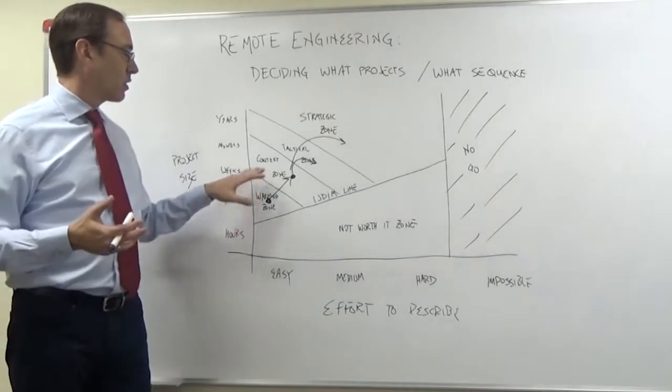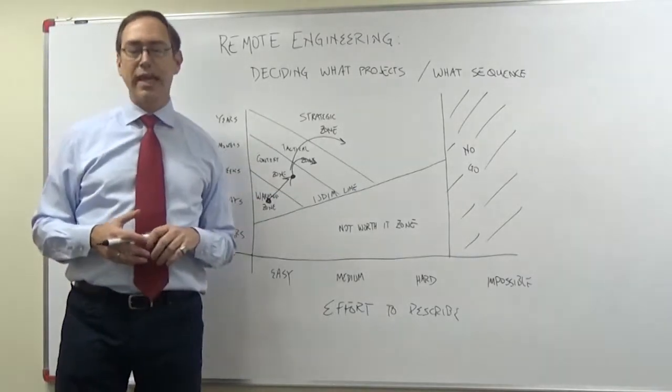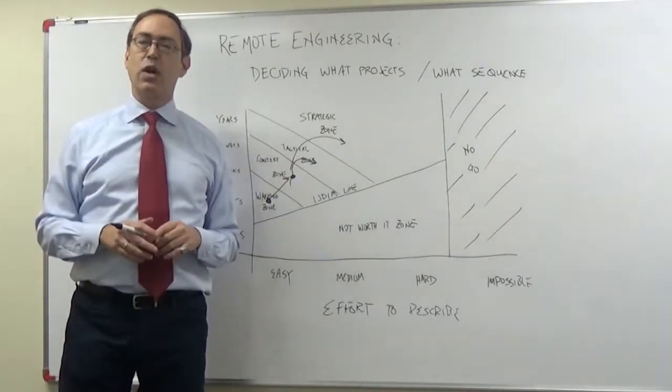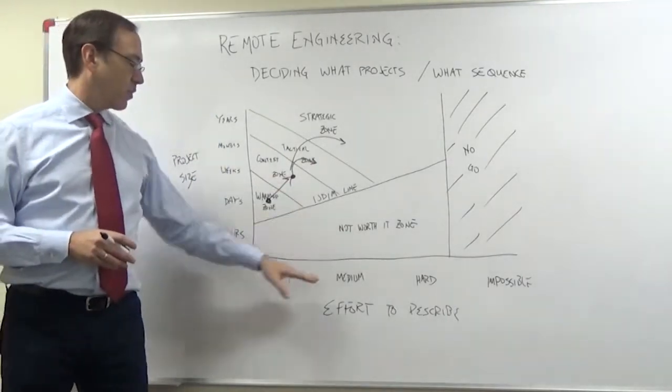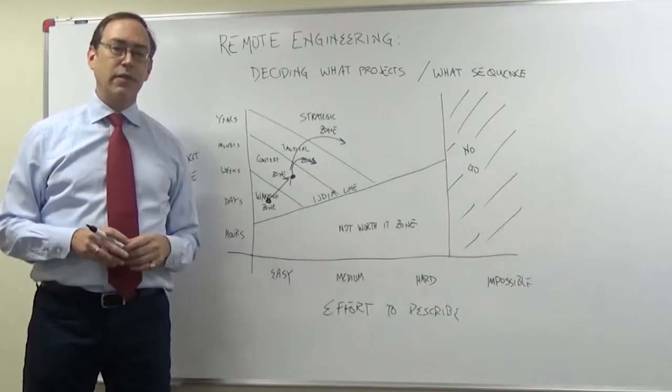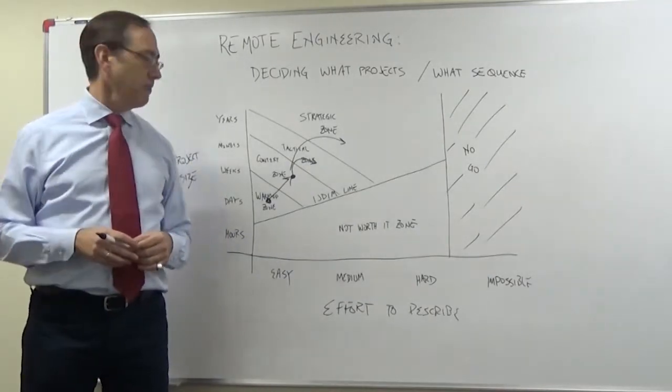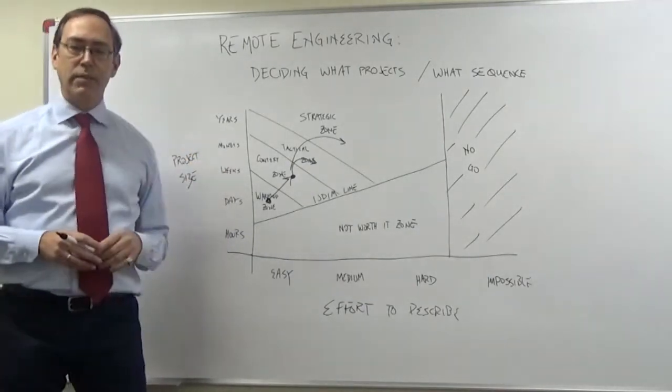Pretty quickly after that, you can move into the context zone, which can take somewhere between 3 and 12 months to work through. The context zone consists of projects which are of medium difficulty to explain to a remote team, and which can last for weeks to months.